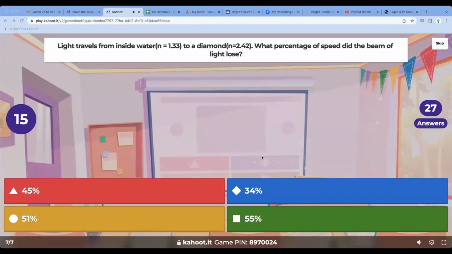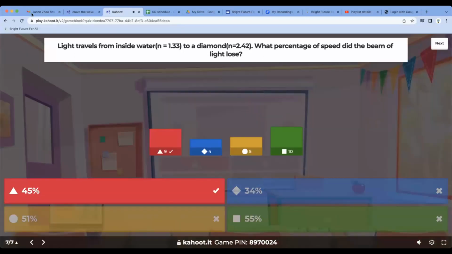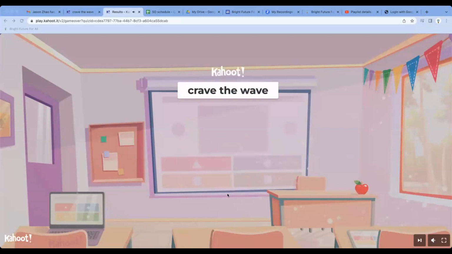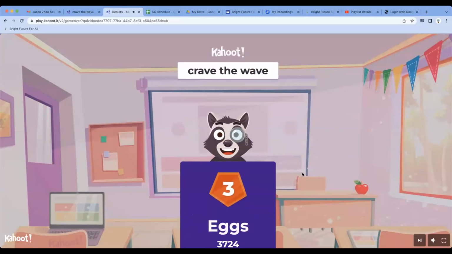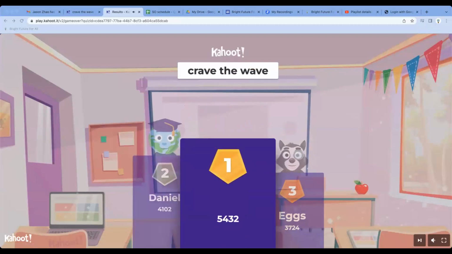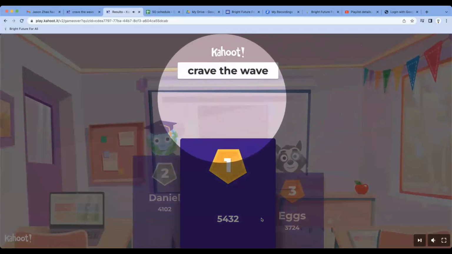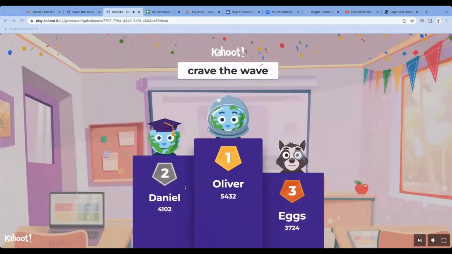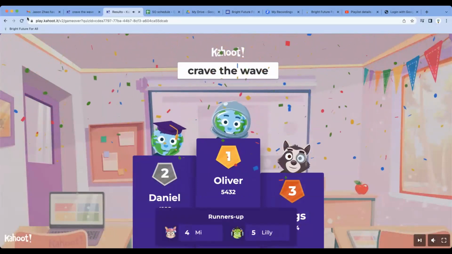But this question is definitely easier than one of your AMC8 questions. AMC8. Okay, Andrew, can I share my screen after this to talk about how to solve this question? Sure. Well, this is the last question, so I'm just gonna, yeah, podium time. It's podium time. Who wins? Alex, Daniel, and Oliver. Good job. All right, I'll share my screen.